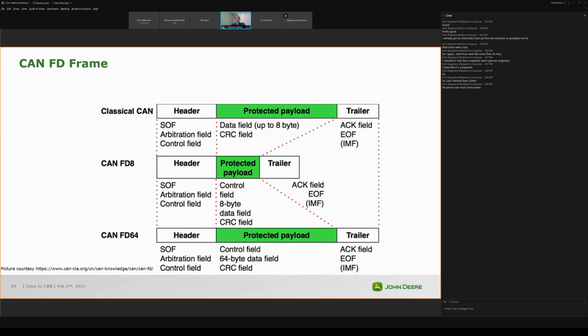Coming to the same FD of 64 bytes, you can do it in X seconds. So you're sending 7 times more data, or a total of 8 times.